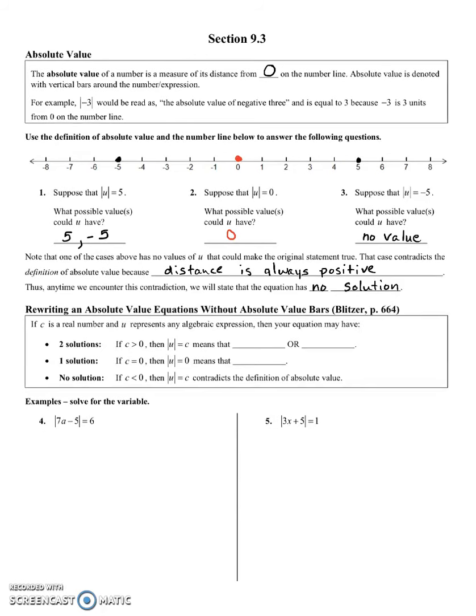Okay, so in order to solve these, we have to rewrite them without the absolute value bars. So if c is positive, then the absolute value of u equals c means that either u equals c or u equals -c.